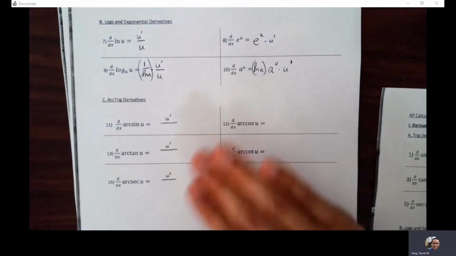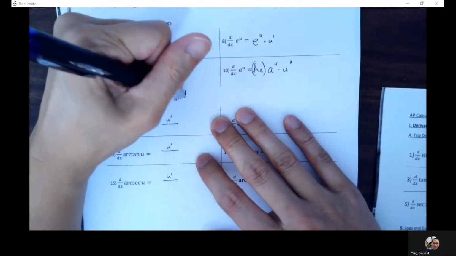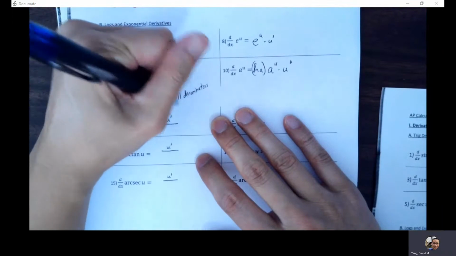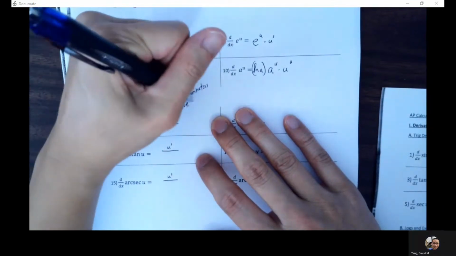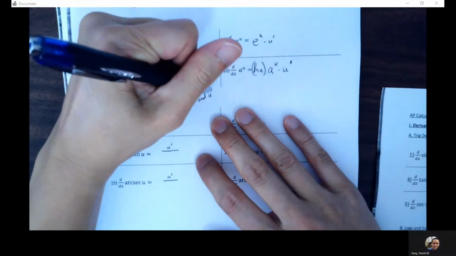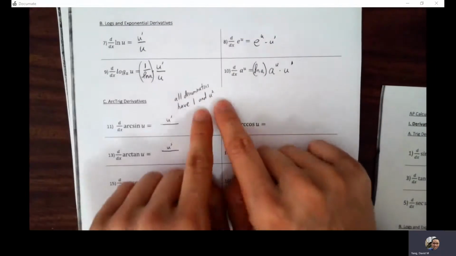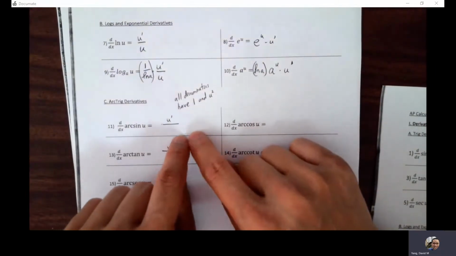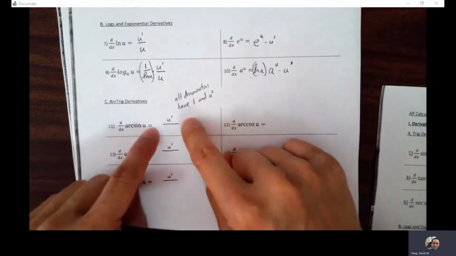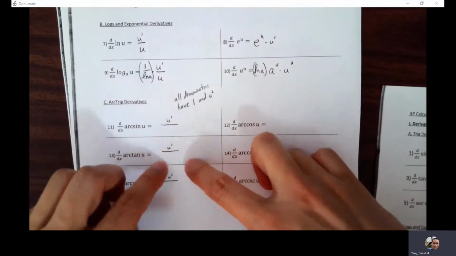Now the denominator is different, but all denominators have a 1 and a u squared. They all have 1 and they have u squared, just a different orientation, a different way that they're organized, but it's nice to know that I just have to figure out how that pattern looks. There's just going to be a combination of 1 or u squared.